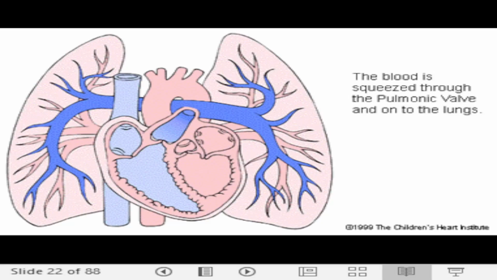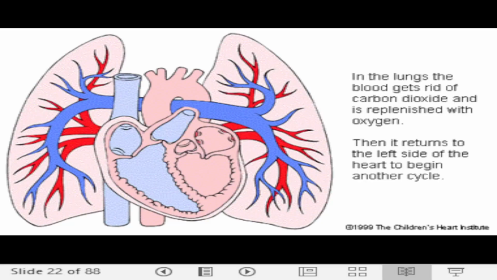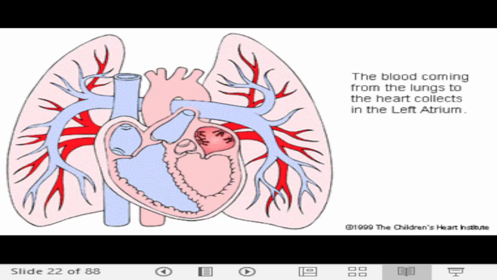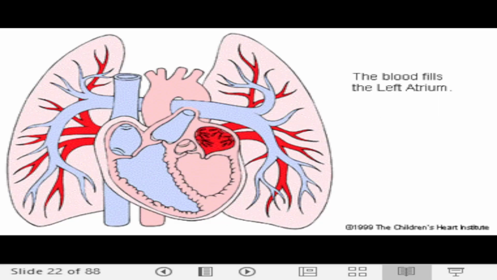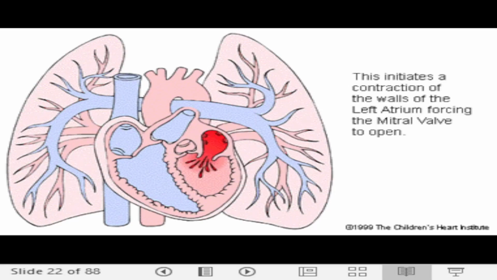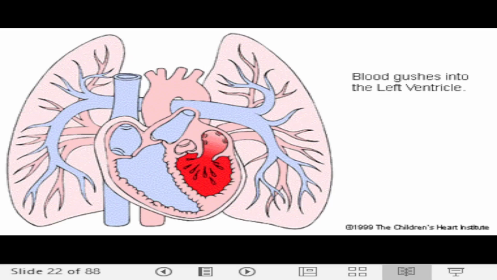Inside the lungs, carbon dioxide is released and is replenished with oxygen. So the blood now becomes oxygenated, then it returns to the left side of the heart. The blood now goes to the pulmonary vein, and the blood now rich in oxygen enters the left atrium. So the blood fills the left atrium, then the left atrium contracts, and the blood now enters the left ventricle.